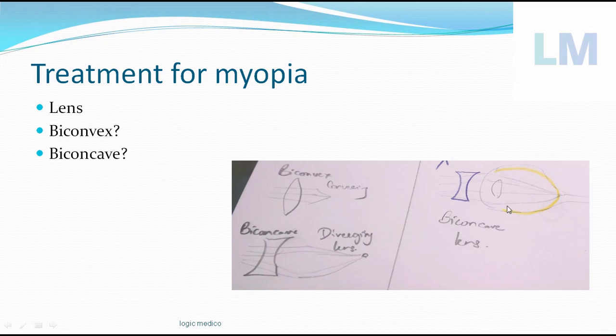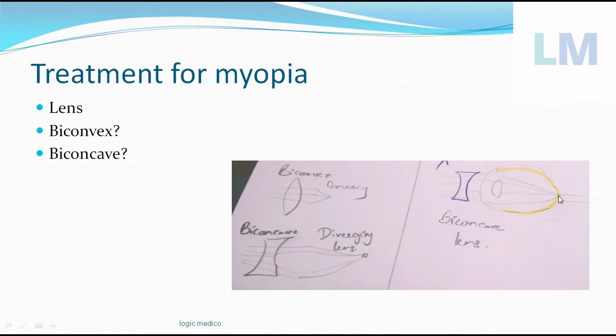If you give biconcave, it will diverge the rays of light, and then again we have a lens within our eyeball which will converge rays of light onto the retina. So the person is able to see not only short distance but also long distance clearly.